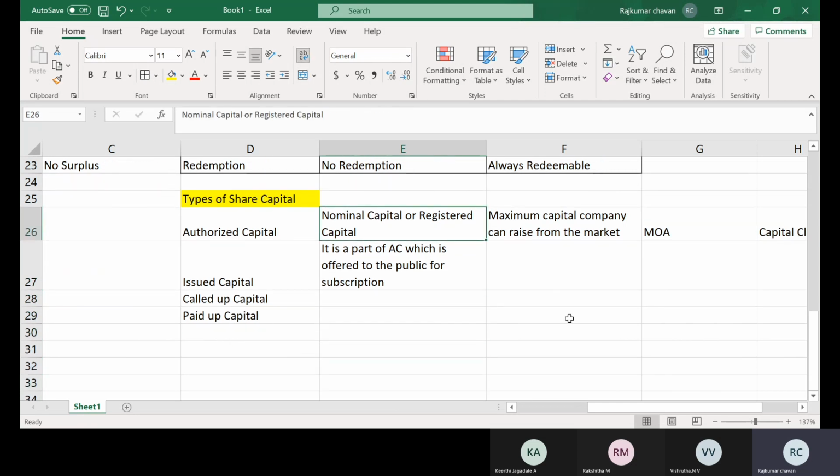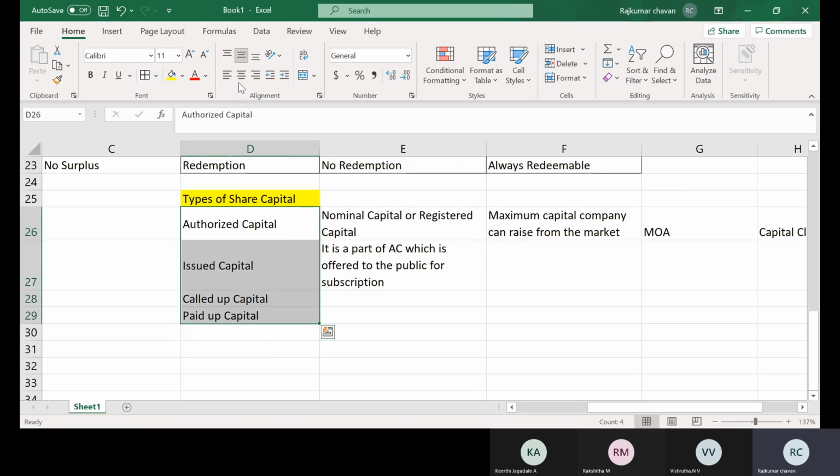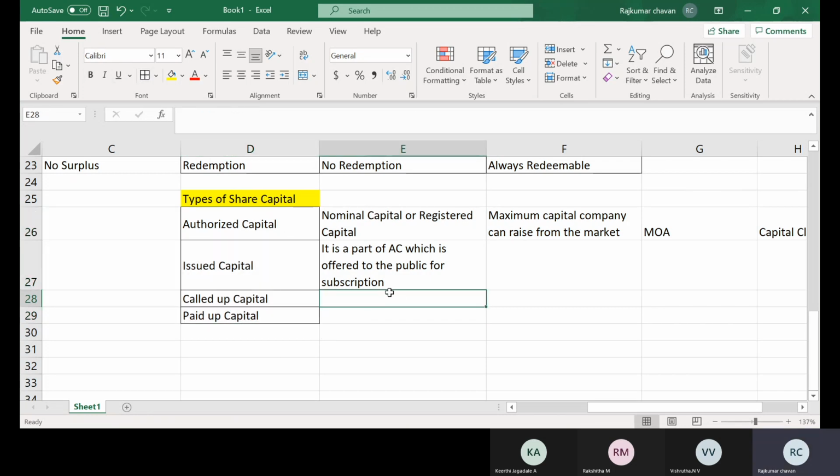So remember, authorized capital and issued capital always go together. All these types of capital go together. So issued capital is a part of your authorized capital. Usually from issued capital, whatever you are issuing, they will give to the public for subscription.